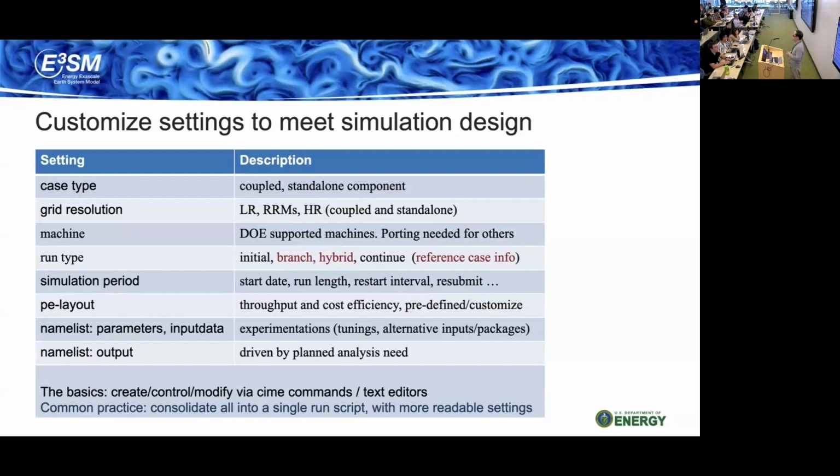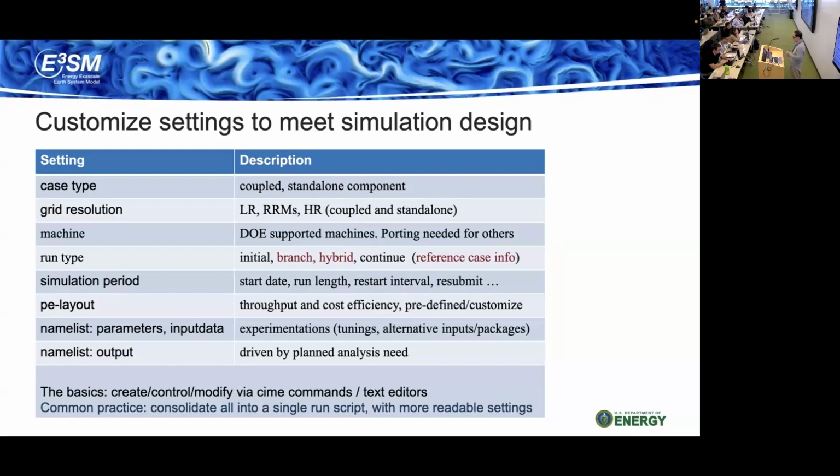Very often 24 hours is not enough for our simulation, so we need to resubmit again, multiple times. For that to work properly, we need the restart file. Then the PE layout is related to throughput: how many simulation years per day you are going to get.